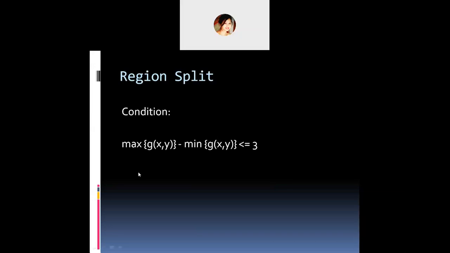We split the region according to this condition: maximum of g of xy minus minimum of g of xy is less than or equal to 3, where g of xy is considering a particular pixel, and 3 here is considered as a threshold value.